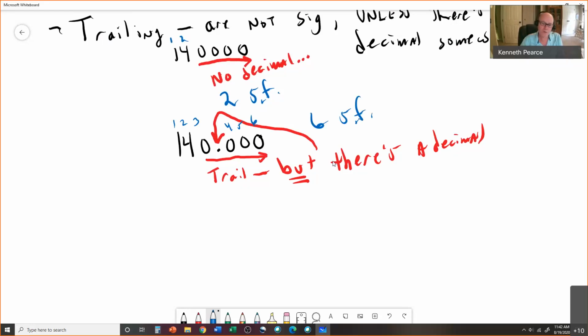Okay, I'll only do one more example. Let's try to mix it up a little bit. All right, so how many sig figs do we have here? Well, we look at this and we see, first off, these are leading. These are trailing.